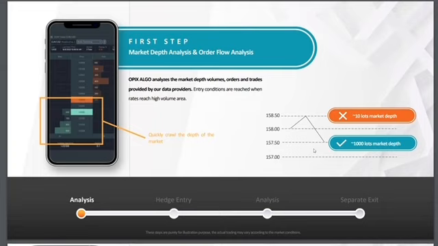Now let's talk about the data that we collect. Number one, market depth analysis, or in short, I'll call this MDA. What is MDA? Forex is all about price points. For example, US dollar to Filipino peso, maybe it's 56.1.